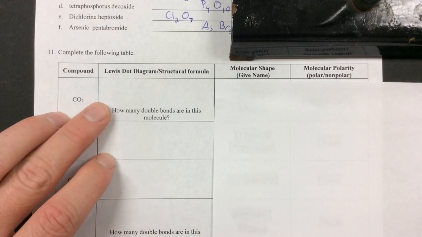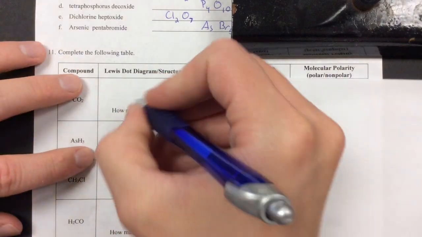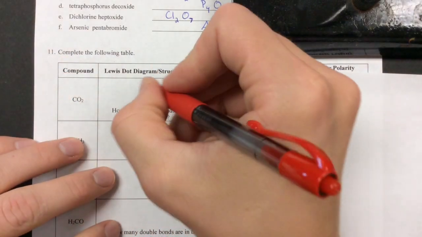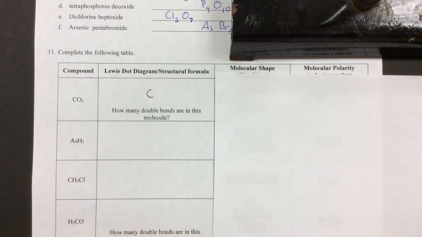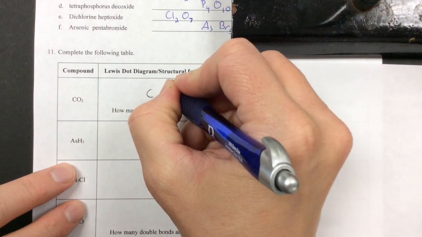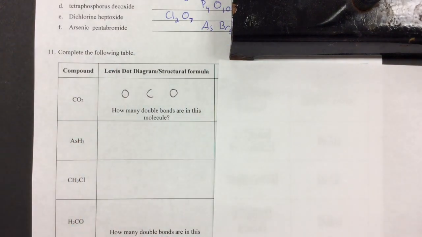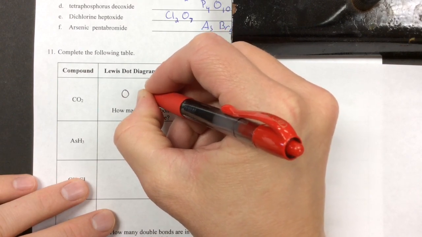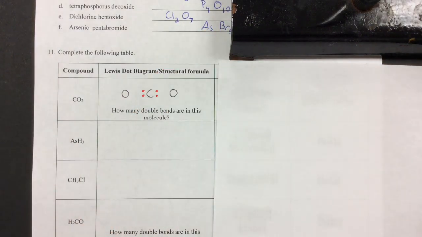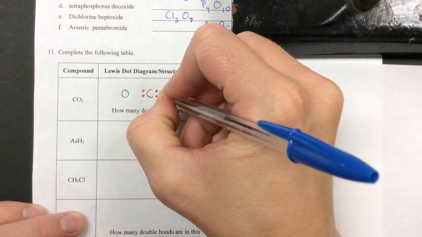So let's start here with the first one. We have a carbon with 2 oxygens. So in the middle we're going to have carbon. And carbon naturally has 4 valence electrons, and oxygen is going to have 6 each. So here's carbon with its 4 valence electrons, and then oxygen each with 6.